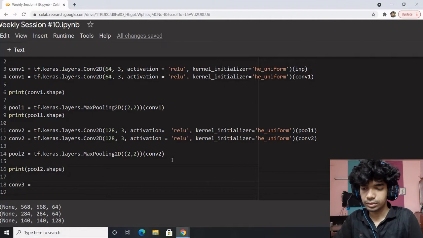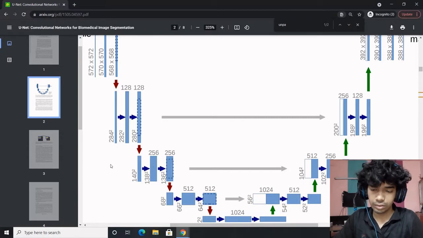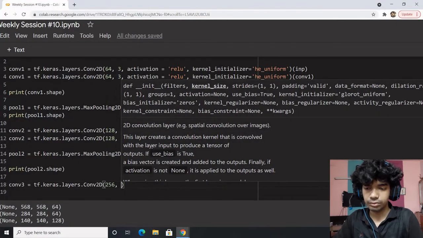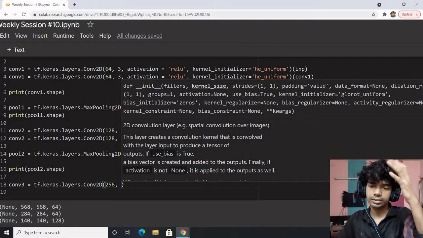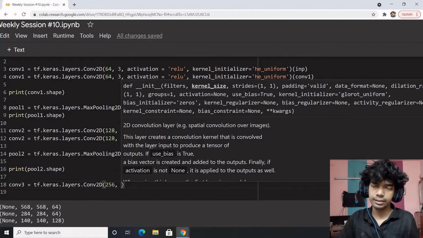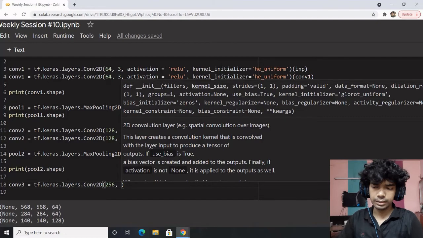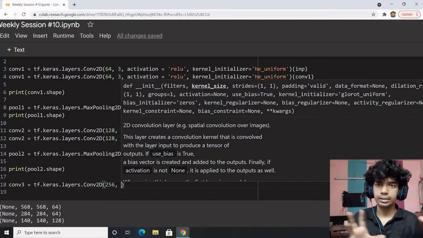Now we will have convolution 3. It would be similar with a higher number of filters, 256. So the number of filters also follows a pattern. It increases, then it decreases, and the dimensionality also decreases, then it expands.